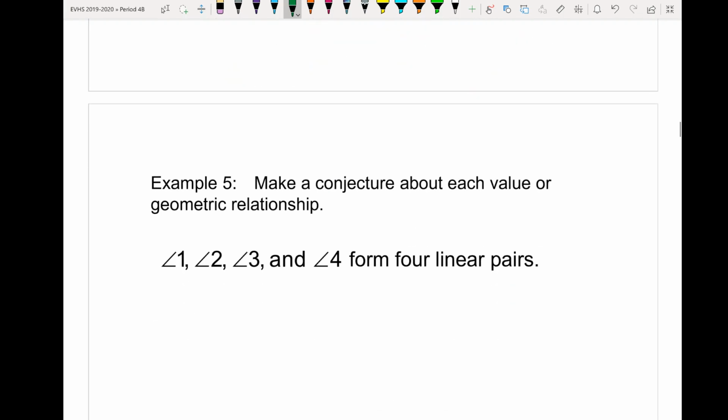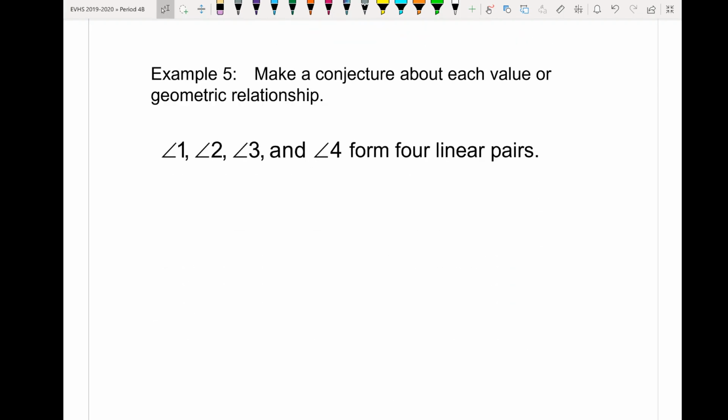All right, example 5. Angles 1, 2, 3, and 4 form 4 linear pairs. Now the picture is definitely needed on this one. The real trick on this one is how do you draw it? As a square? Well, if we draw a square, 1, 2, 3, and 4, does that make any linear pairs?